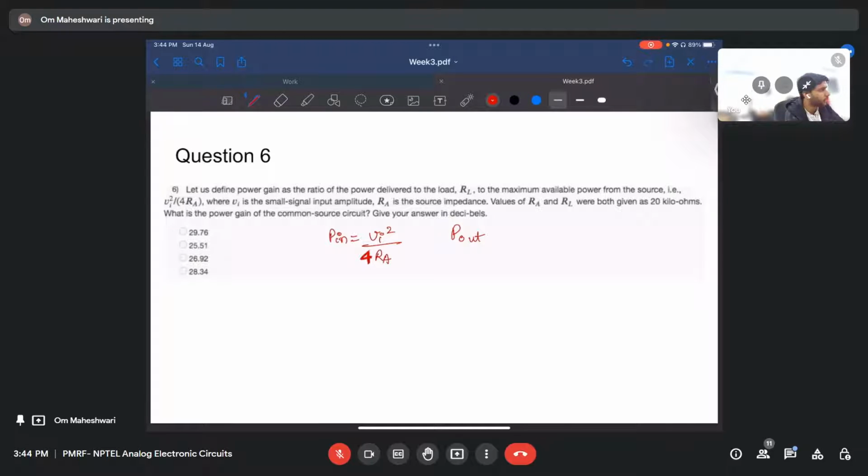Next is what P out is. P out will be V out square by RL.